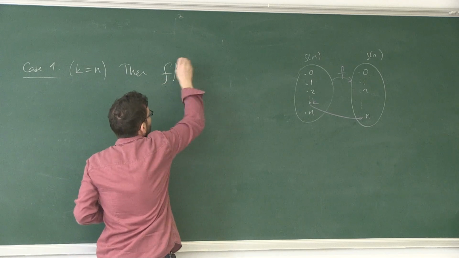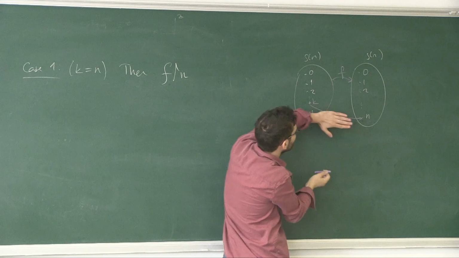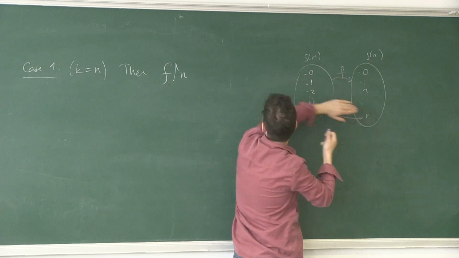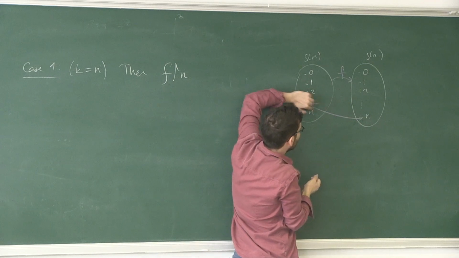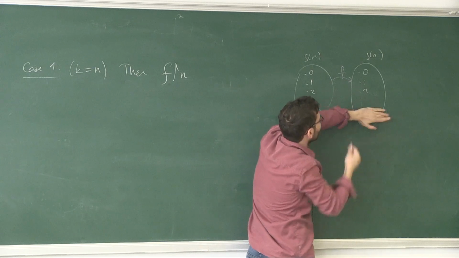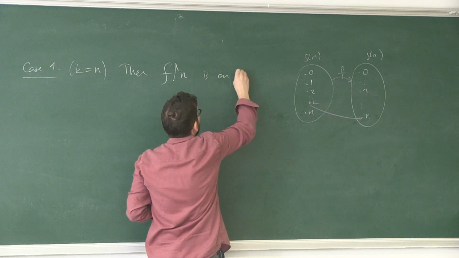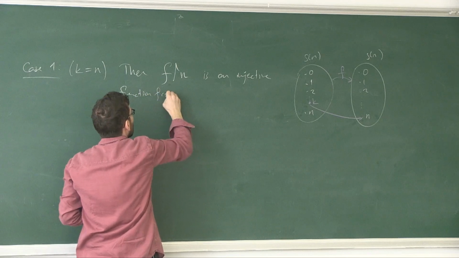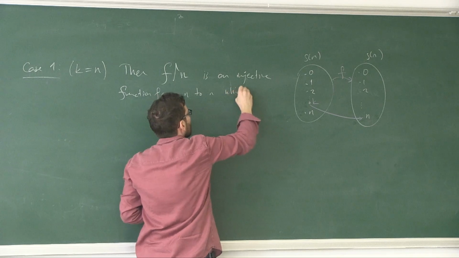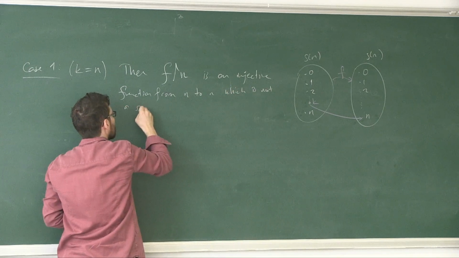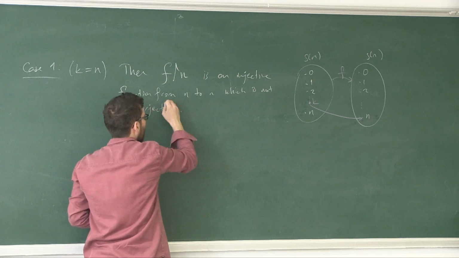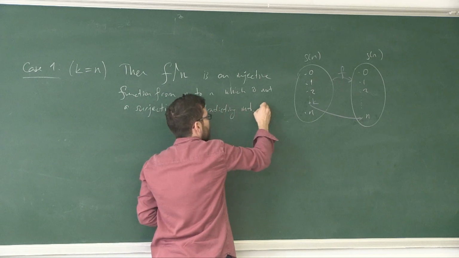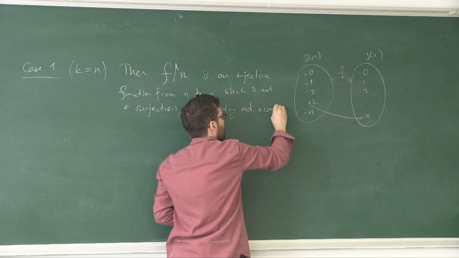In this case, if this k is n, and you restrict your f to n, so you don't look where this goes, it goes to n, you will have an injective function from n to n which is not a surjection, contradicting the induction assumption.